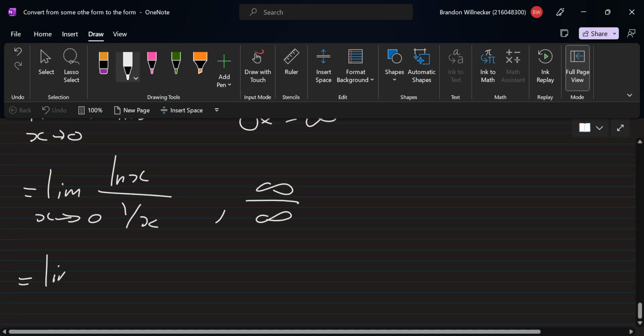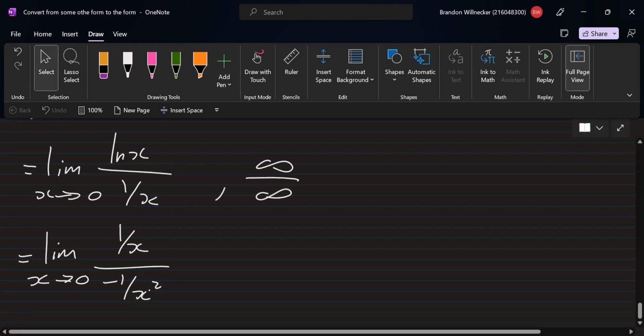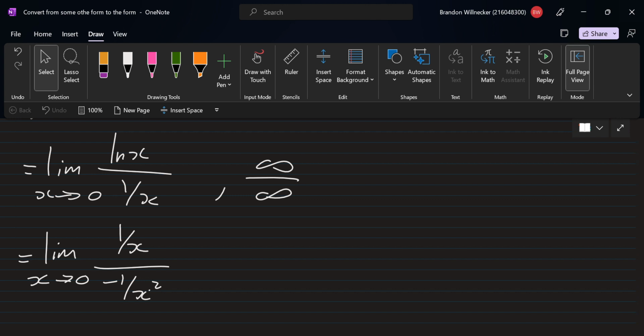Okay, so by L'Hopital's rule, this is the limit as x goes to 0 of 1 over x, and minus 1 over x squared. Okay, so that's differentiating the top and differentiating the bottom. So remember previously when we did derivatives of inverses, we looked at the derivative of the natural log. Okay, so this is something that you need to remember.